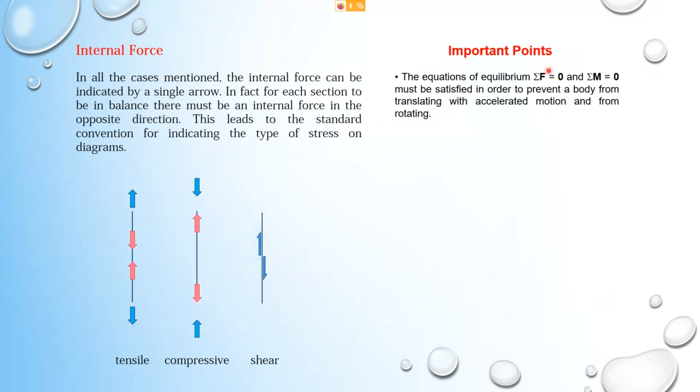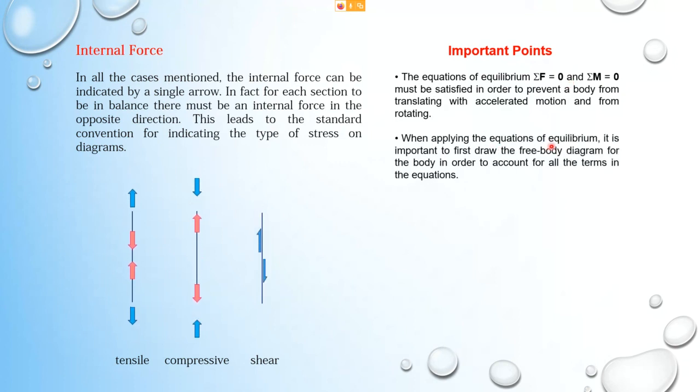When you say the sum of forces equals 0, it means the total force acting towards the left and the total force acting towards the right must always give you 0. Likewise, the total clockwise moment and the total anti-clockwise moment must give you a net moment of 0 and a net force of 0.